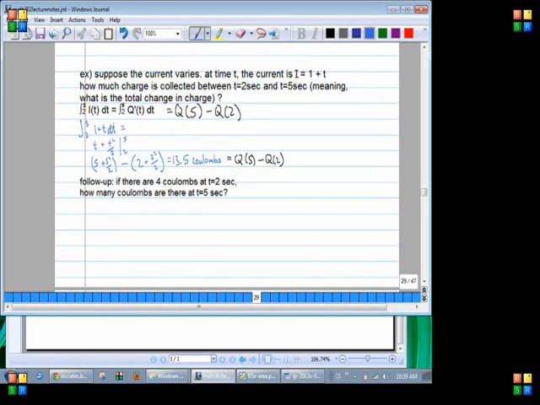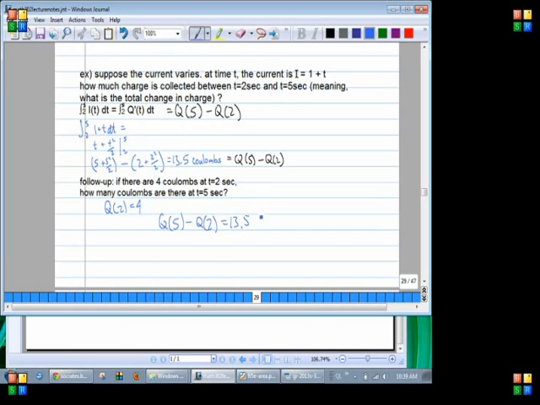Yeah, I'm continuing the same problem. So what did we just figure out in the previous problem? The change was 13.5.